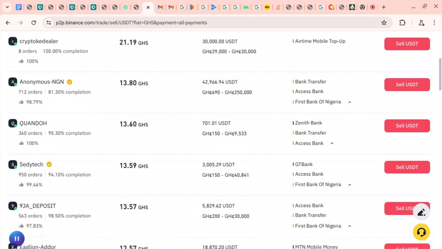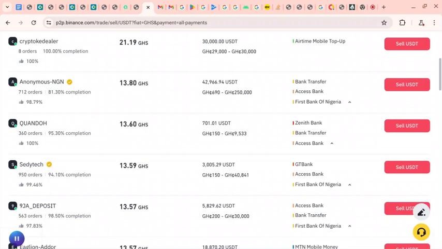So let me do 13.8 for you to see. 13.8 minus 13.57. So one USDT, if you sell it at, let's say, 13.8, you have 0.23 pesos as your profit.